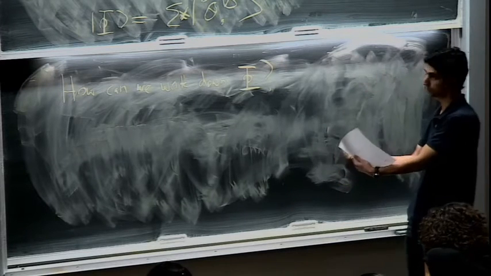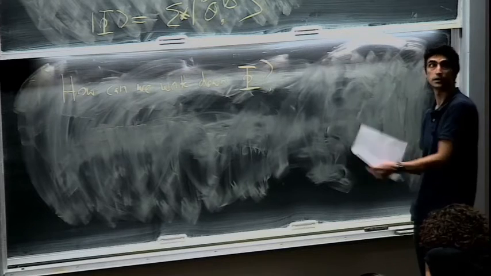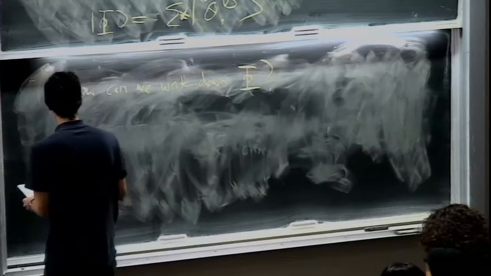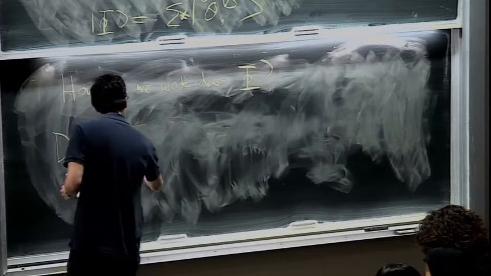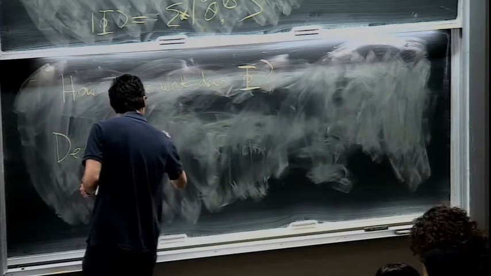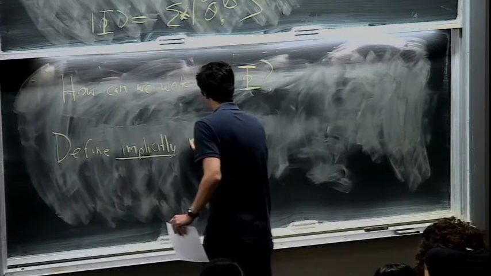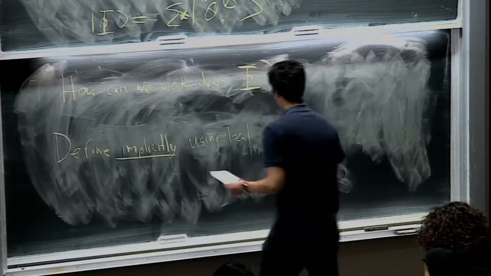It's a very physical construction. Ground states of local Hamiltonians obey local constraints. So the idea is to define the wave function implicitly, not explicitly, using local constraint equations, which are going to uniquely specify the ground state.